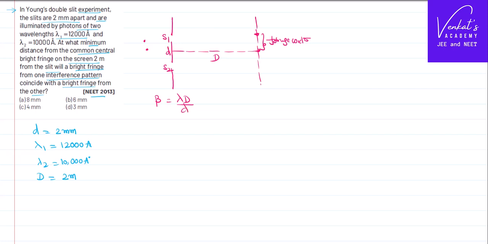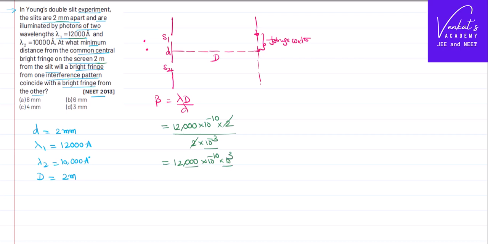So if you consider the first data, lambda 1 is given as 12,000 angstrom, which has to be converted into meter, that is 10 power minus 10. Capital D is 2, small d is given as 2 millimeter, that is 2 into 10 power minus 3. So this 2 and 2 will cancel, minus 3 becomes plus 3 on the top: 12,000 into 10 power minus 10 into 10 power plus 3.